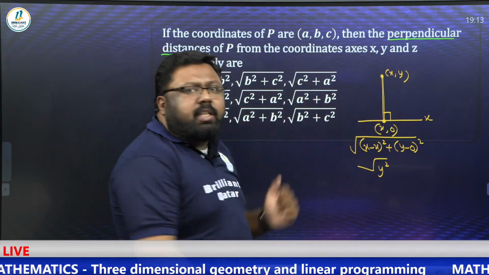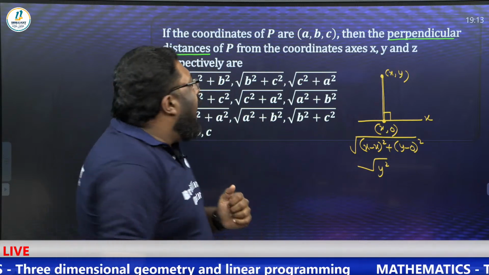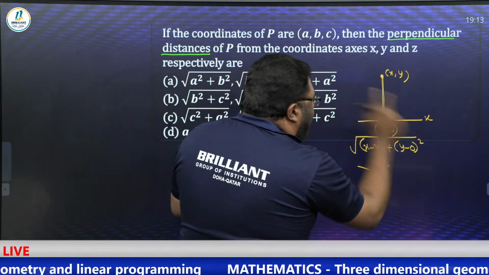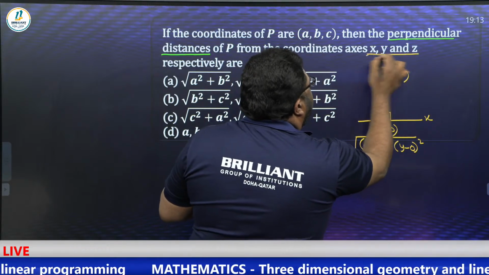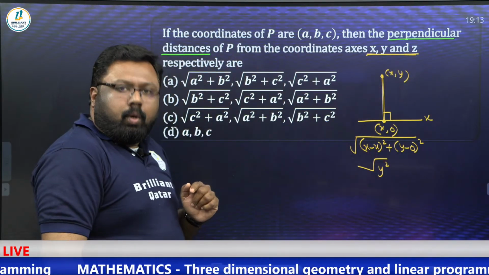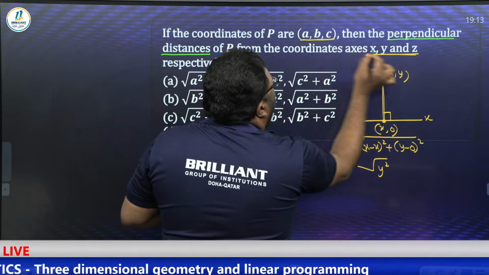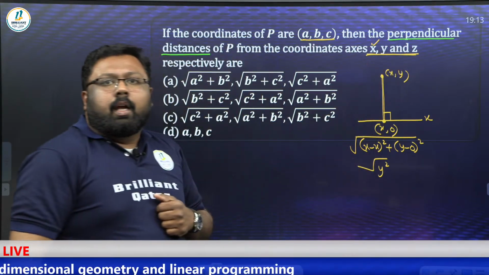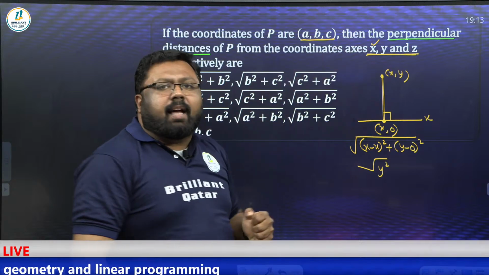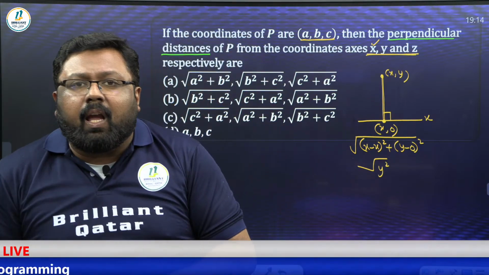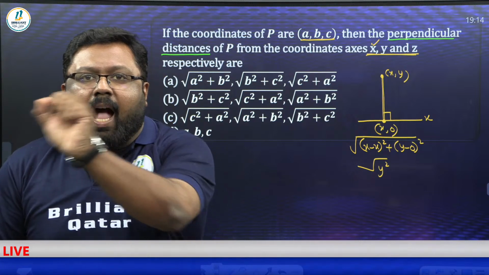But when the same logic comes in 3D geometry and they are not trying to measure based on any plane but with the axis itself. Okay, so when they ask for the distance of this point from x-axis, then your answer will be y and z.